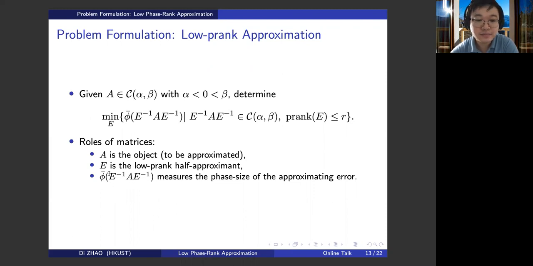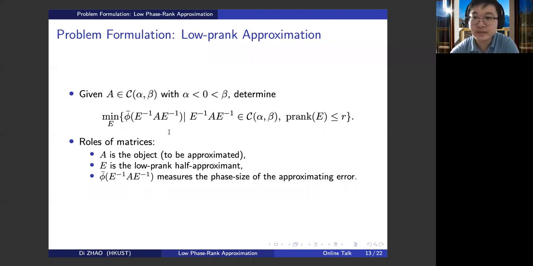And this term is E inverse A E inverse, taking its largest phase. Actually this measures the phase size difference between the approximating error, or just the phase size difference between matrix E and matrix A. So very similarly to the low rank approximation, we define this low phase rank approximation, and we use this low phase rank E to approximate matrix A from both sides symmetrically.